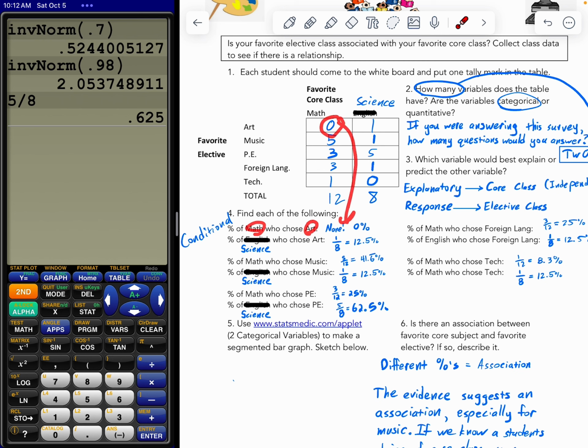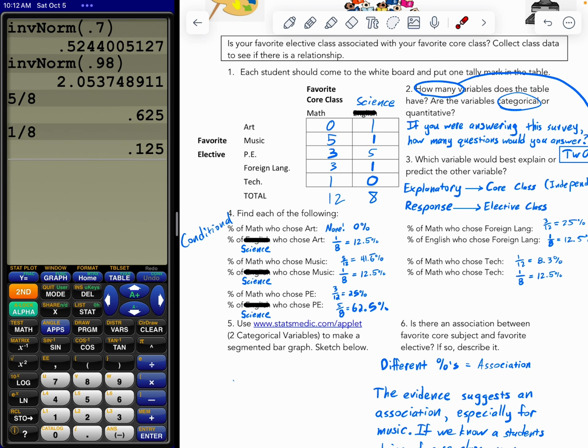So nobody, 0%. The science folks, that's 8 people, so that's my denominator. And who chose art? That would just be this one person. So 1 divided by 8. And you can go get your percentages. You can leave them as a decimal if you'd like. You could do 0.125 or 12.5%.